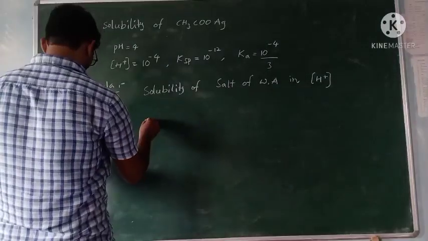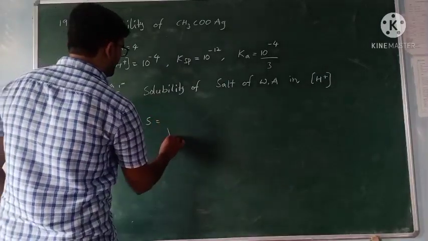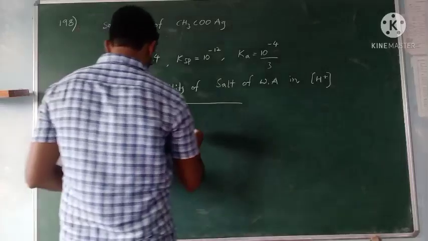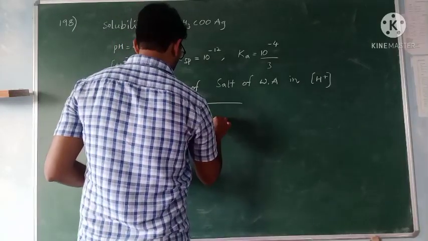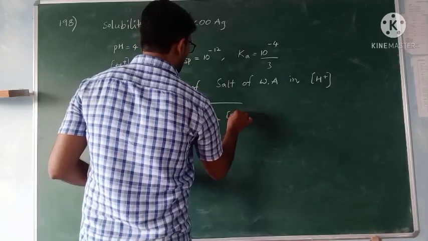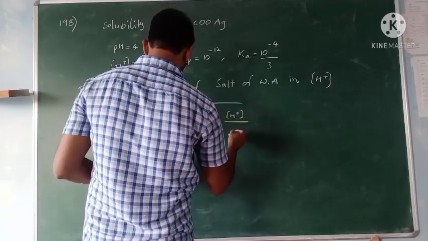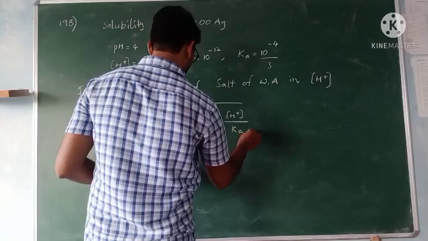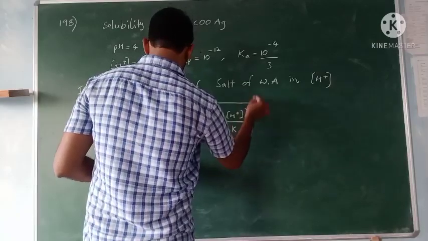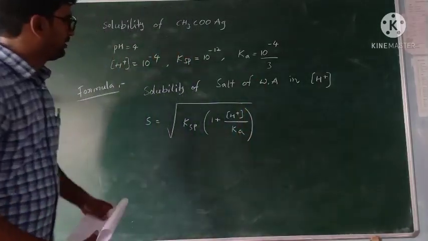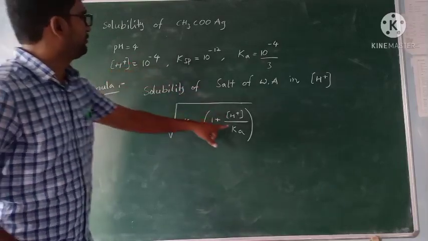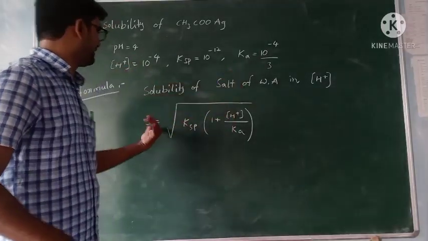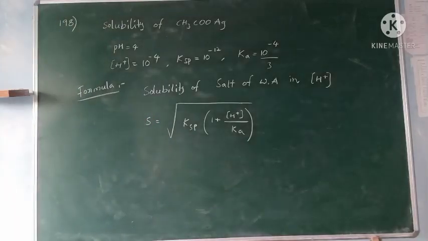In acidic medium, solubility is equal to root over KSP into 1 plus concentration of H plus by Ka. This is the formula. We know the KSP value, we know the H plus concentration, we know the Ka value. Substitute here and calculate the S value. Okay?